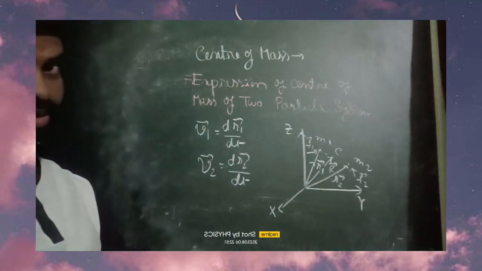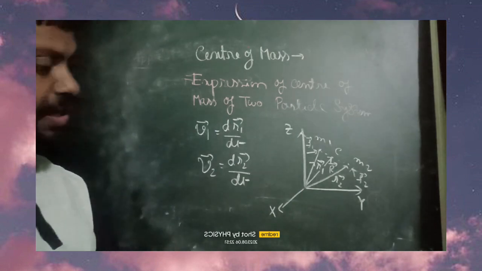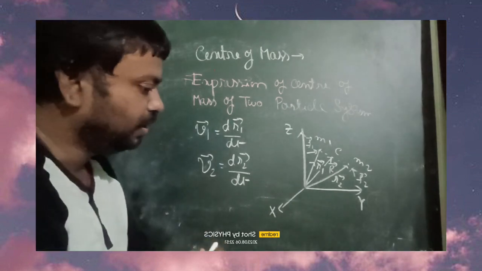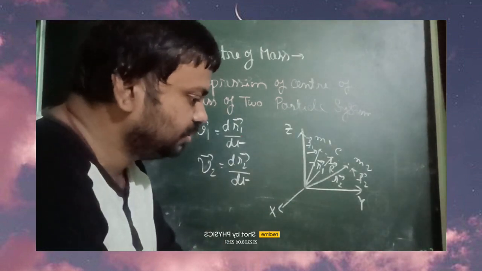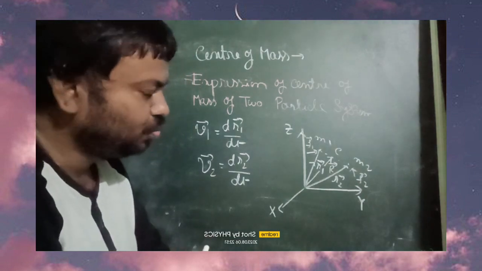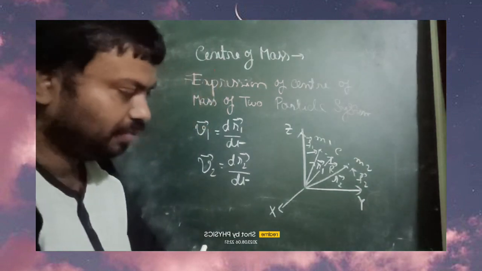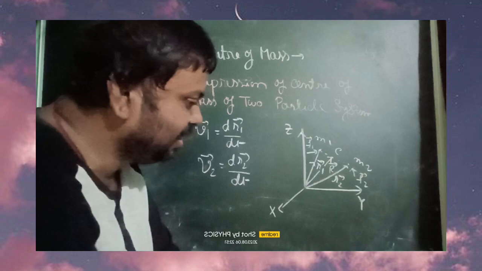Those are the velocities of the two particles. F1 and F2 are the external forces on the first and second particles.